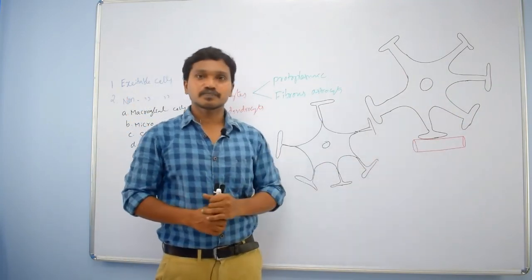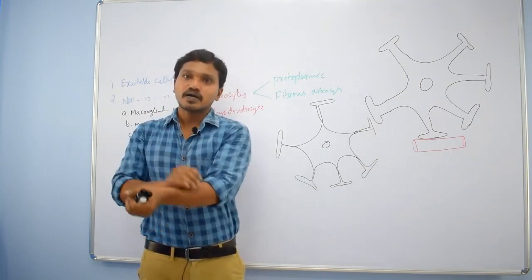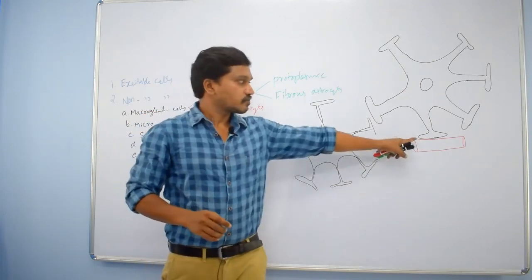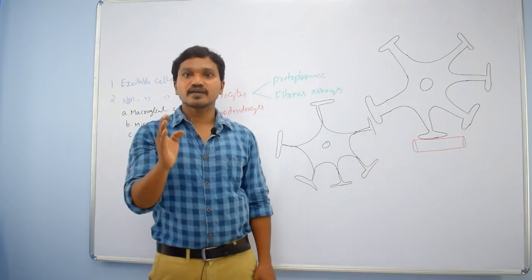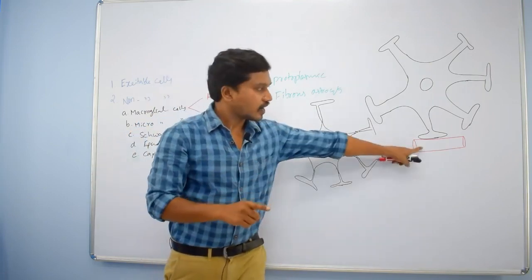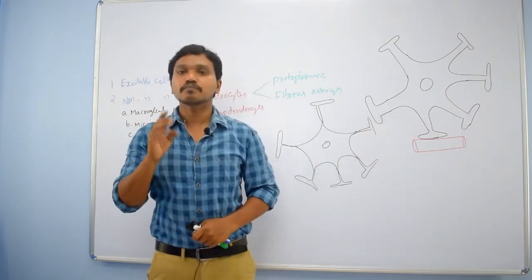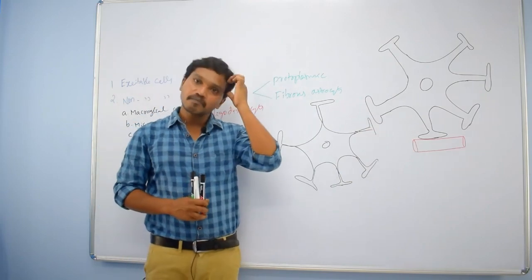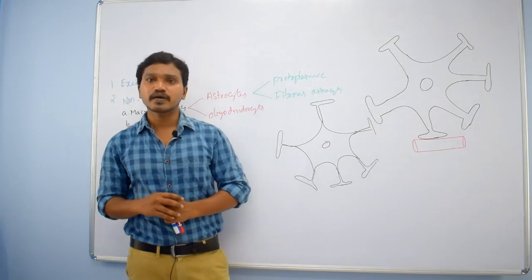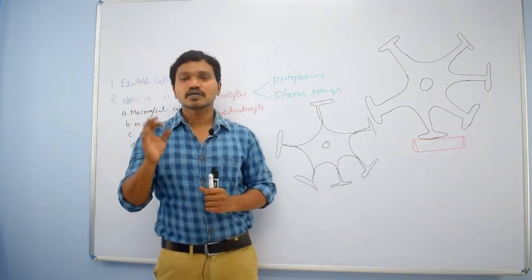These foot plates, when they are resting over or covering the capillaries, make one barrier or one gate between blood and brain tissue. That barrier, we call the blood-brain barrier. Why should there be a blood-brain barrier? Because blood contains some toxic materials.